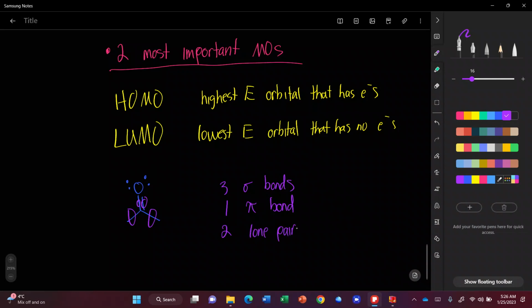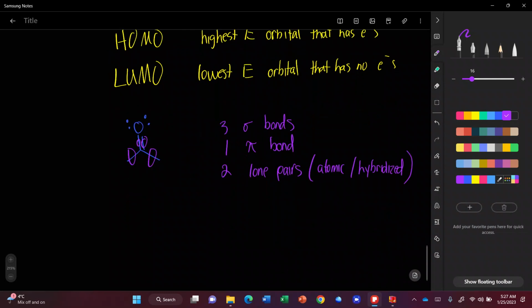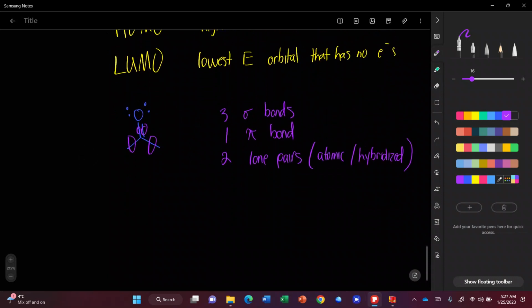By definition, a lone pair is going to be in an atomic orbital, either an unhybridized or a hybridized atomic orbital. We already talked about how to figure out if it's in a p orbital or one of those hybridized orbitals.